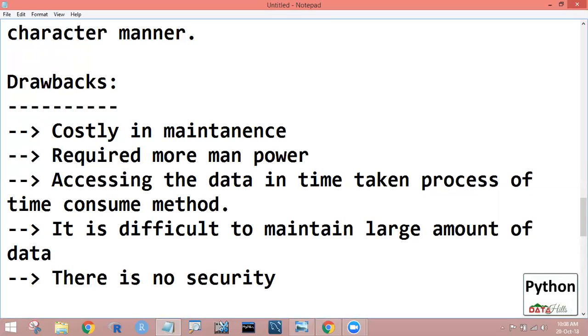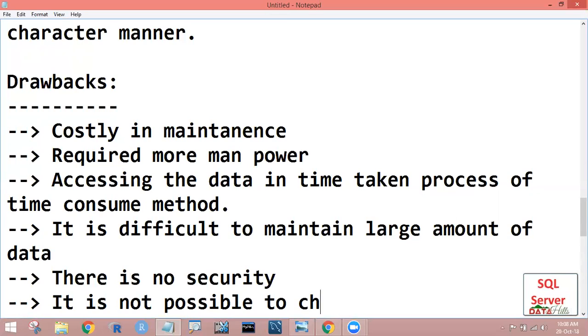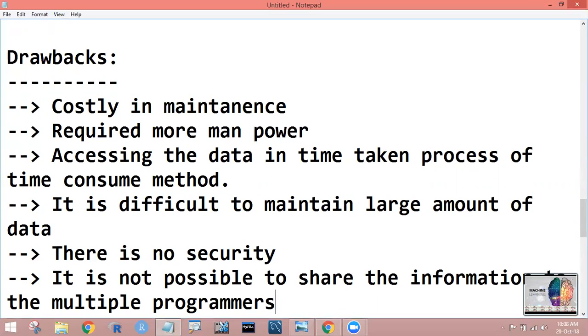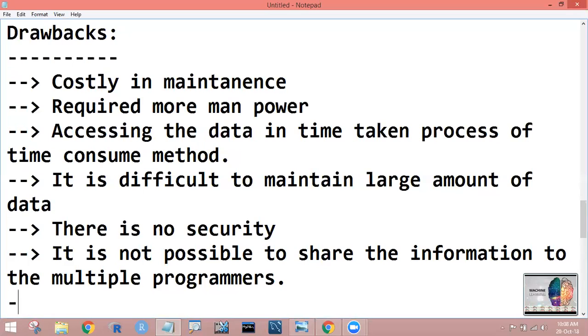No security for the data, and also it is not possible to share the information with multiple programmers. Like that we have so many drawbacks in the file management system. Programmers are getting a late delay response, right?